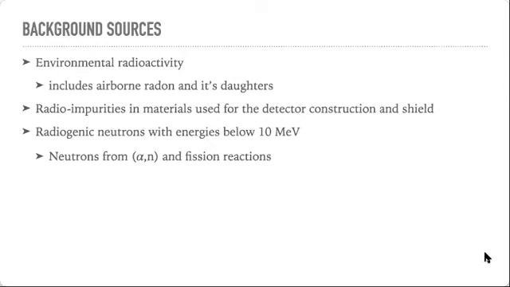We also worry about radiogenic neutrons with energies below 10 MeV. The reason is that neutrons in these detectors look identical to WIMPs for the most part, and so they can be very concerning. We worry about neutrons that come from alpha-n interactions and also fission reactions.